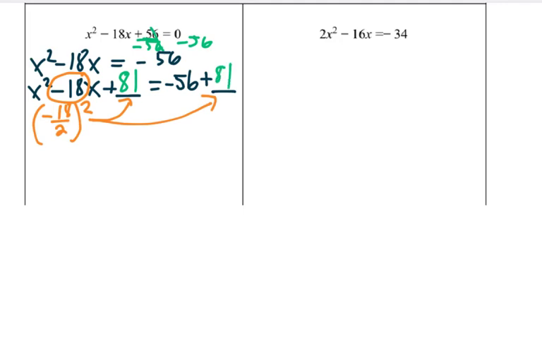Now I have x squared minus 18x plus 81 is equal to negative 56 plus 81, which will give me, if I'm not mistaken, 25.